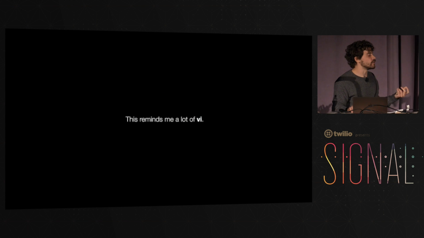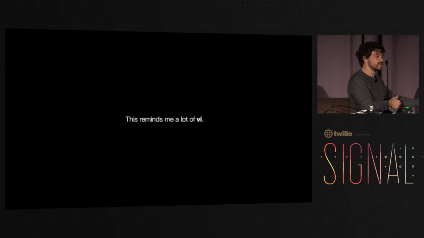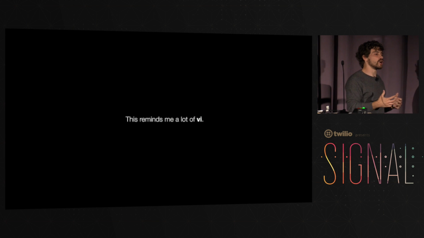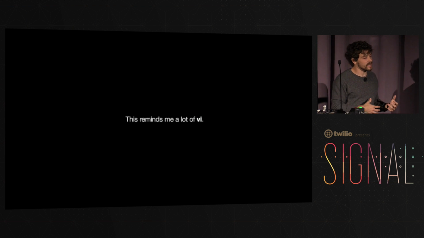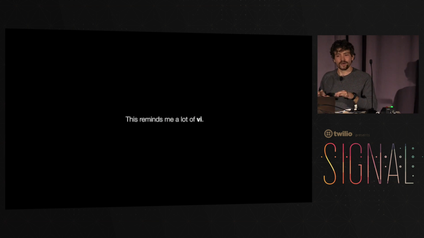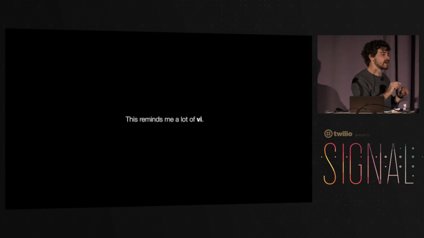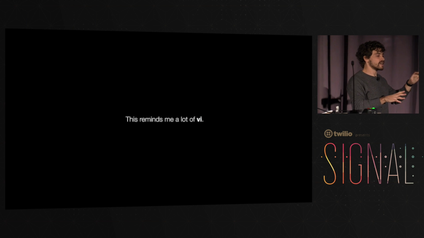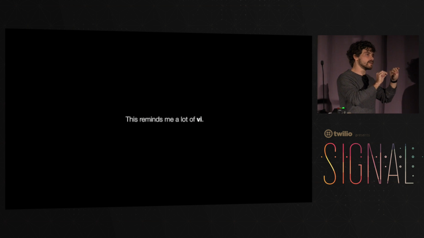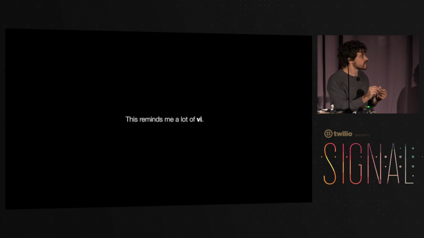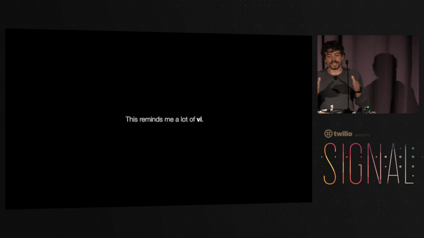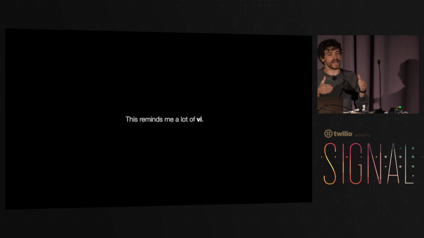In fact, those of you that use VI might have noticed that the way that we can encode changes that happen to a document happen to be very similar to how we interact with our editor every day, in the sense that we have commands that are, I would say, at least very small compared to other editors, so very precise, so that you're in charge of saying how the text is edited.